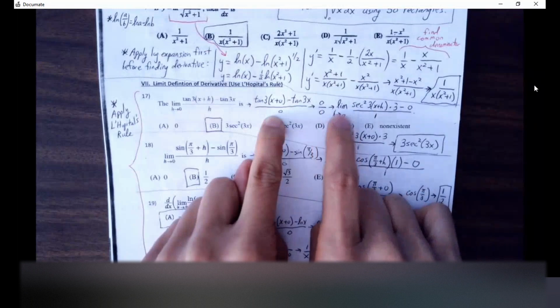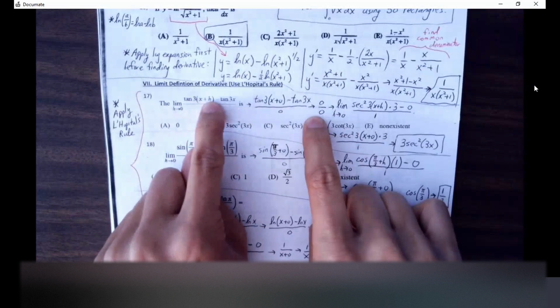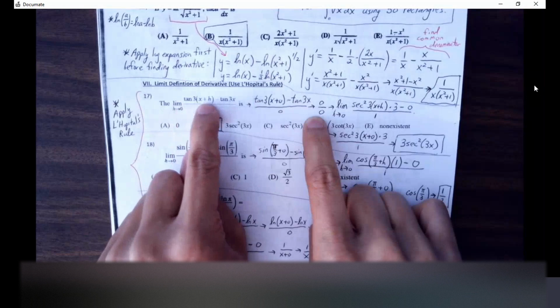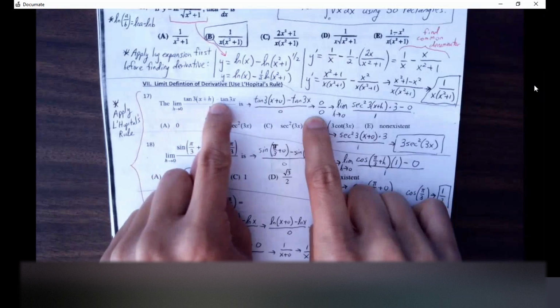But remember, h is the variable, so we're going to take the derivative of tangent of 3x plus h with respect to h.